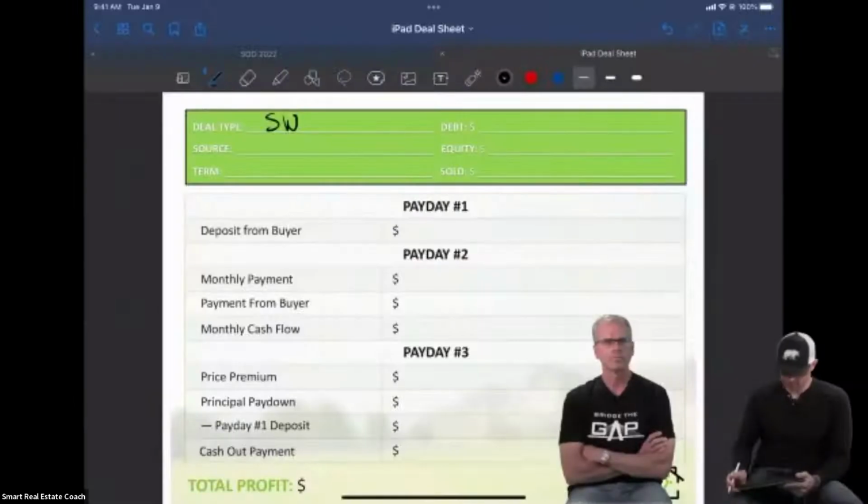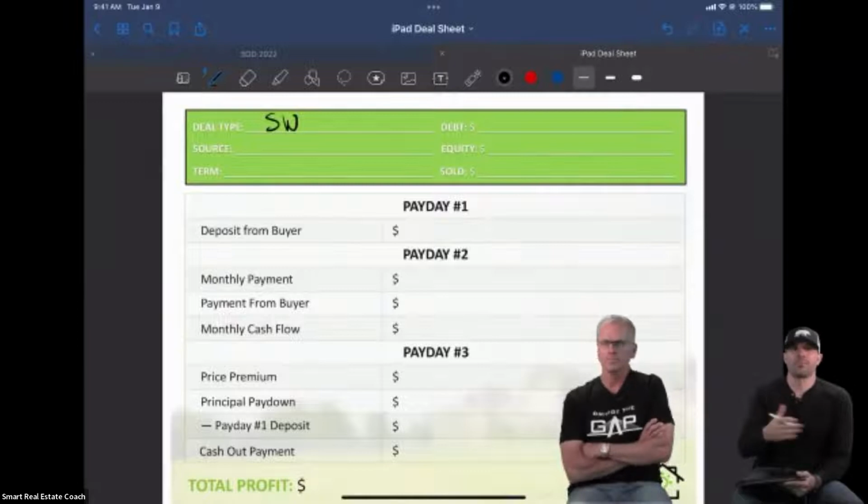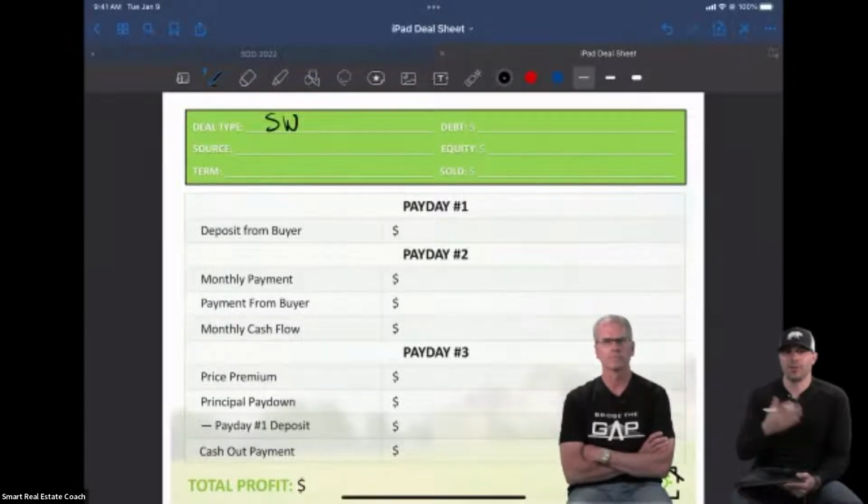So we got a sandwich lease deal here. Give us a little background. Tell us about the seller. We'll dive into the source, but tell us what their challenge was and why you were able to structure this deal. Yeah, so this was an expired listing. It's basically a house that was on the market at some point and fell off for whatever reason.